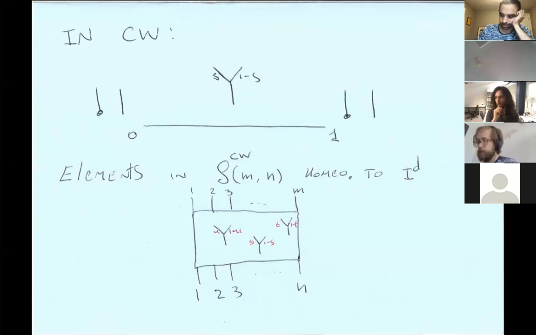So that map is not cellular because it's going to higher cells, a two-dimensional cell. This is very similar to what you would do in the algebraic context, where you want a chain approximation to the diagonal. Here, we want to find a cellular approximation to that same diagonal.